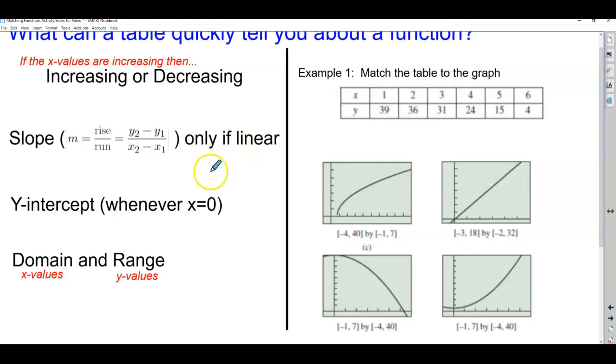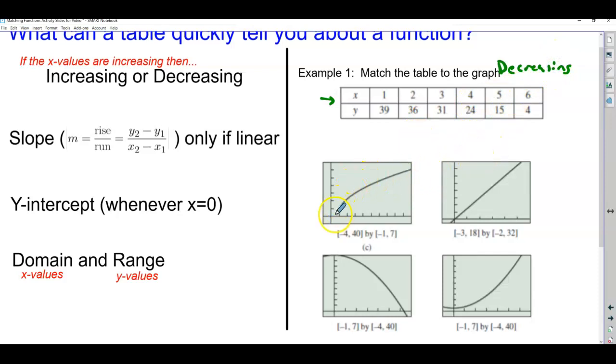First thing I'm going to notice right here is the x values are increasing. The x values are going up, and as the x values go up, the y values go down. So this function right now is a decreasing function.